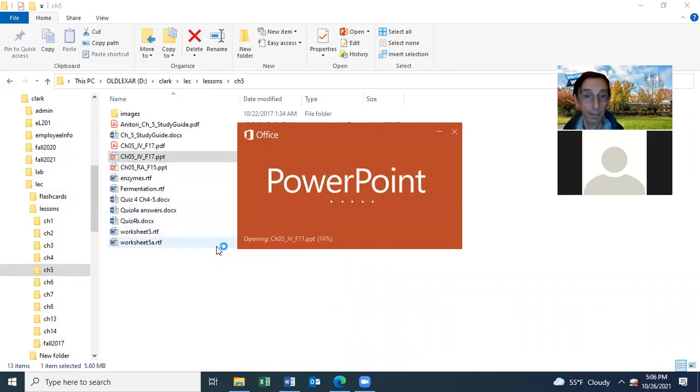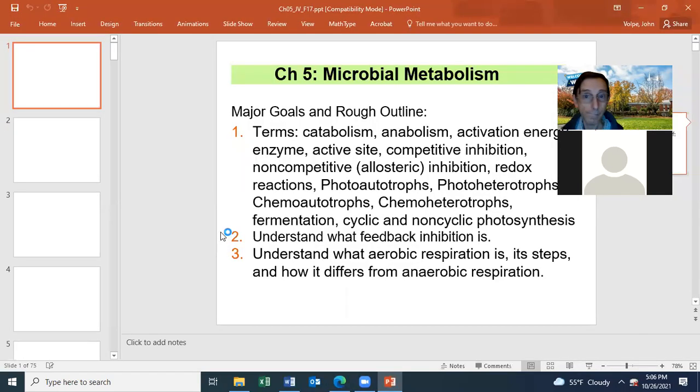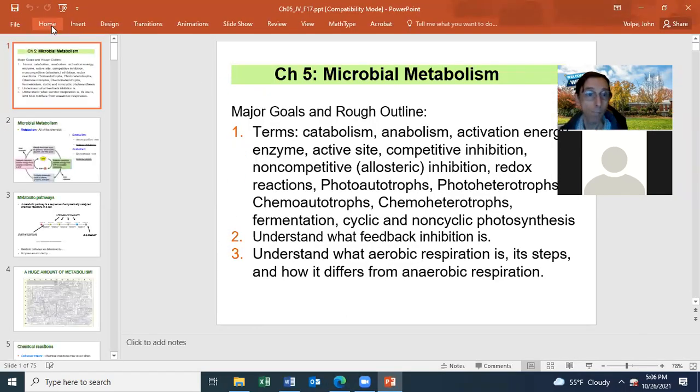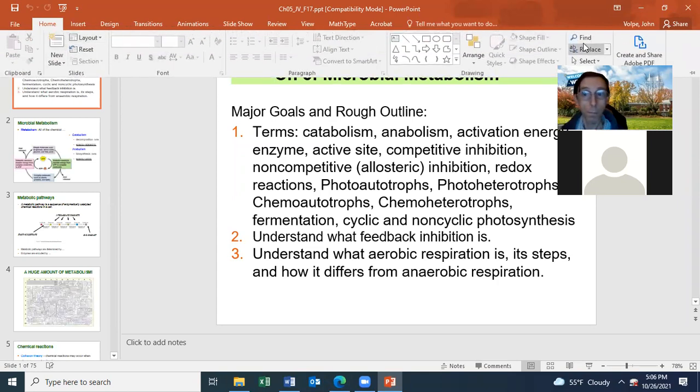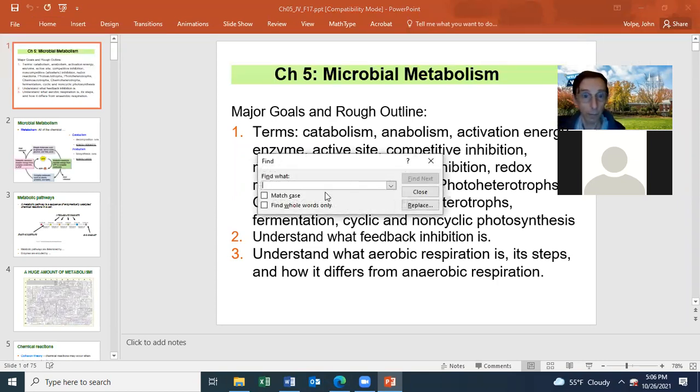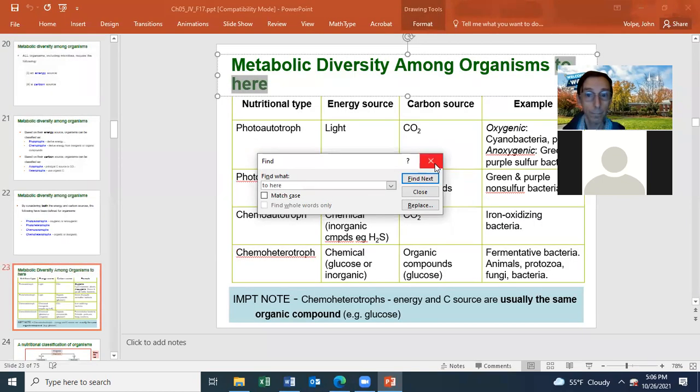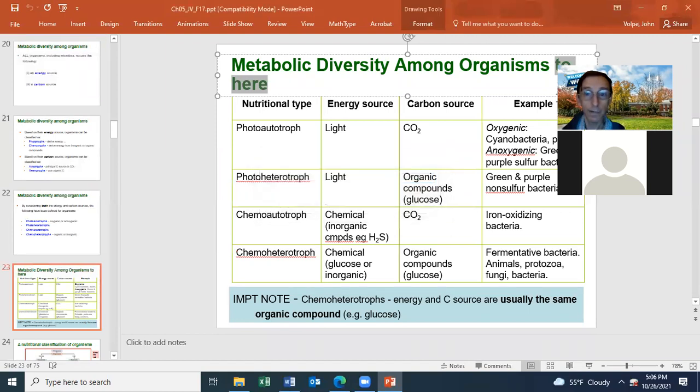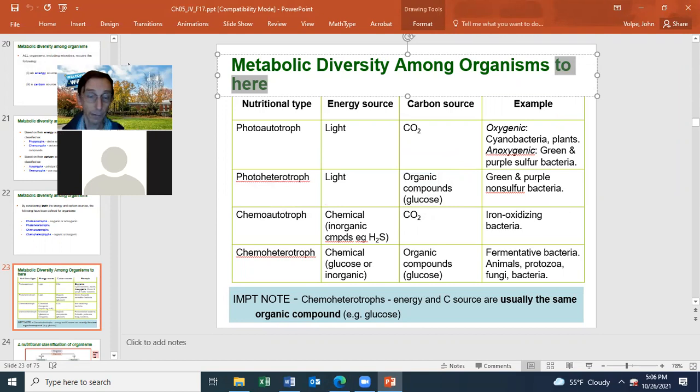Chapter 5 is metabolism. We find where we were. So we had just talked about the different trophs, like the photoautotrophs, the photoheterotrophs, and the chemoautotrophs and the chemoheterotrophs.